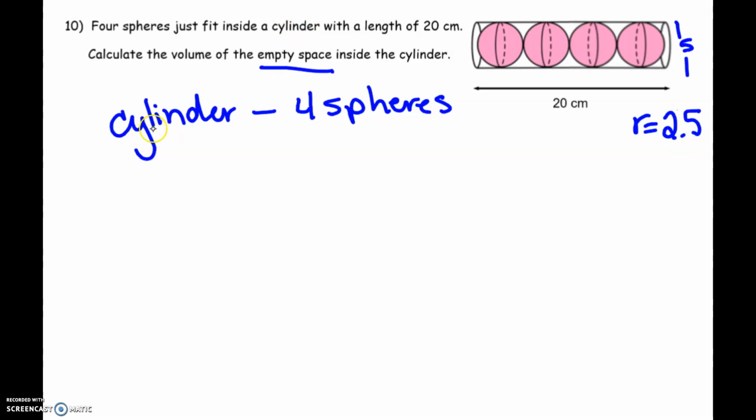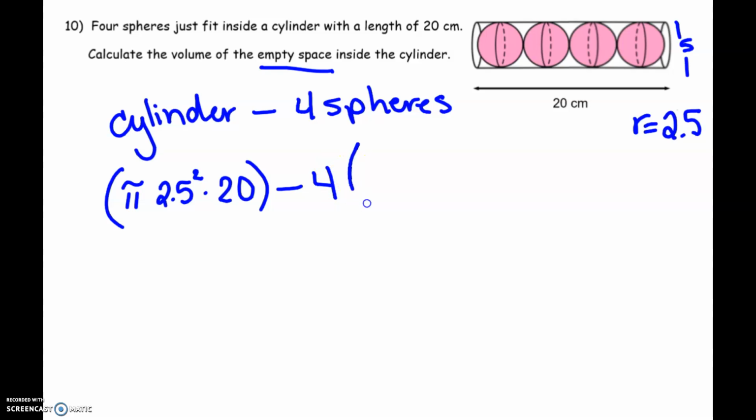So to find the volume of my cylinder, I'm going to do its base, which is pi times its radius squared, and multiply by its height, which is 20. So that's my cylinder's volume. And then I have 4 spheres. And the volume of a sphere would be 4/3 times pi times my radius.